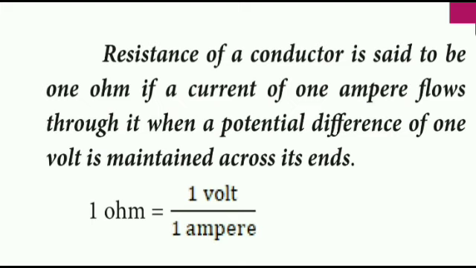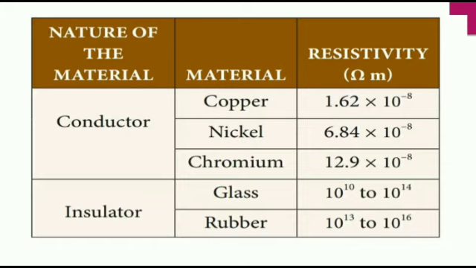So 1 ohm is equal to 1 volt divided by 1 ampere. This is the definition of 1 ohm. It is a 2-mark question.